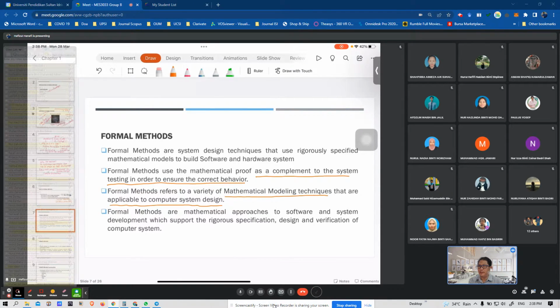Basically, we are using mathematics and abstraction for verifying an abstract representation. Okay, we support the rigorous specification, design, and verification of computer systems. Okay, basically, when you talk about formal method, we are looking at approaches for both software and systems.